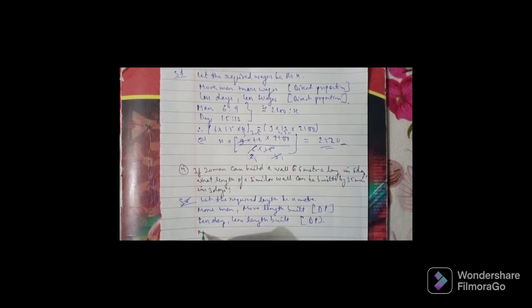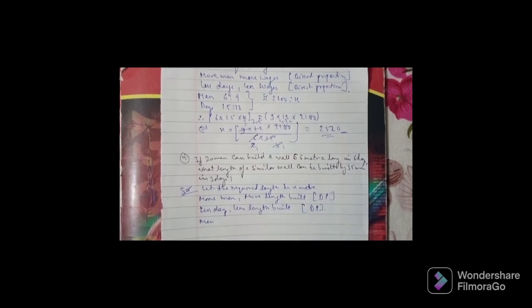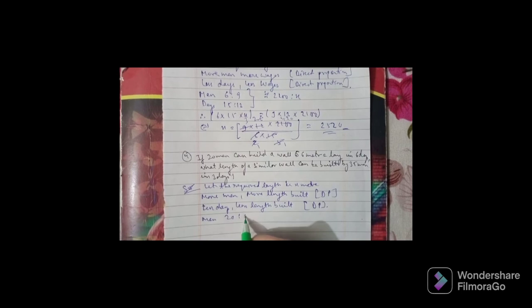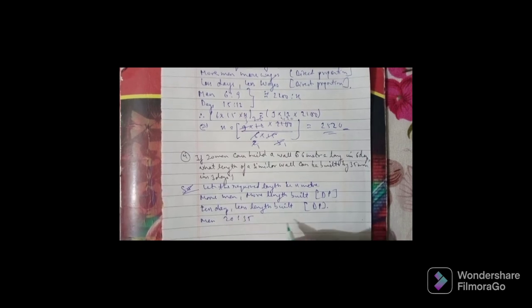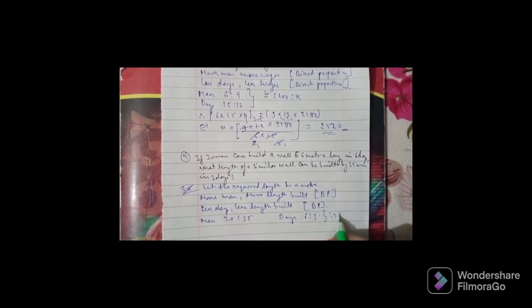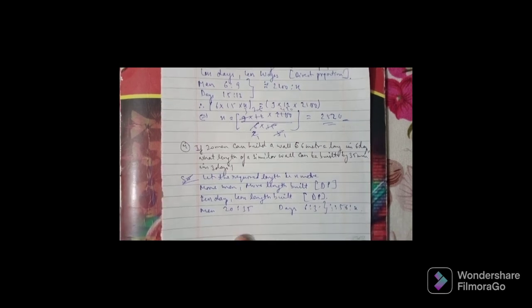So men is 20:35, and days 6:3. So that comes under the double ratio. We have 56:x.